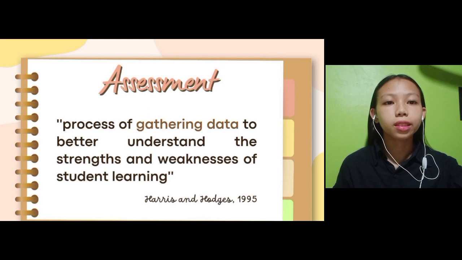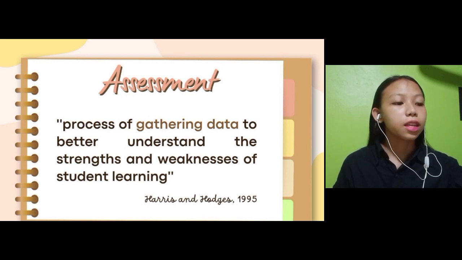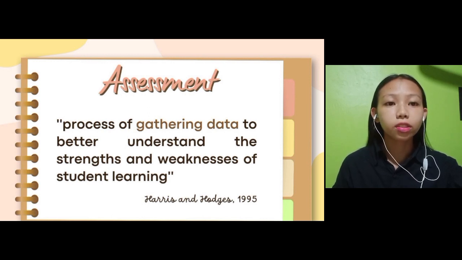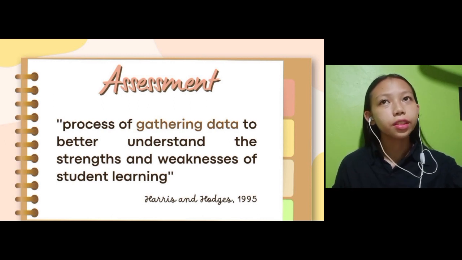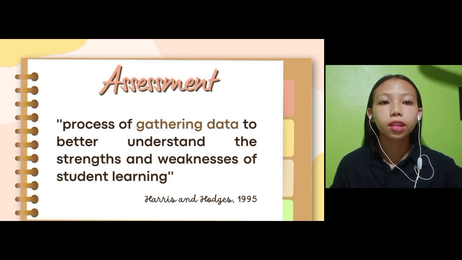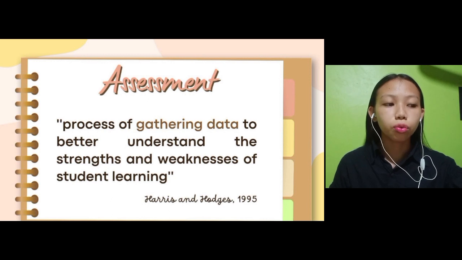So it helps the teachers to identify the strengths and weaknesses of students. If the teachers find out the strengths and weaknesses of their students, they can use it to tailor their instruction according to the needs of the students.